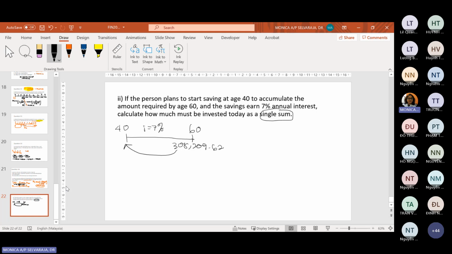So the n is 20, yeah? So it will be present value. The future value is this amount, to the power of 20.